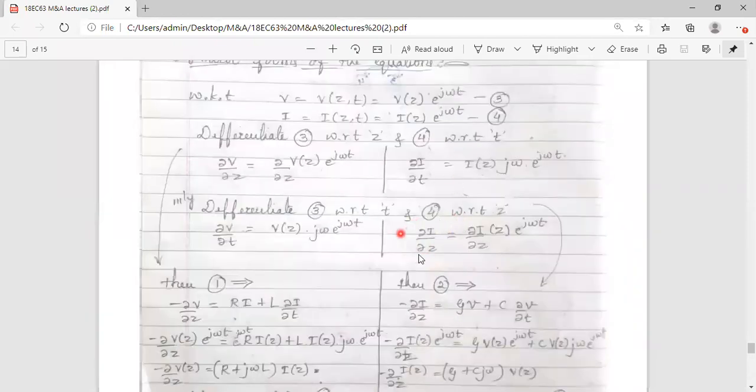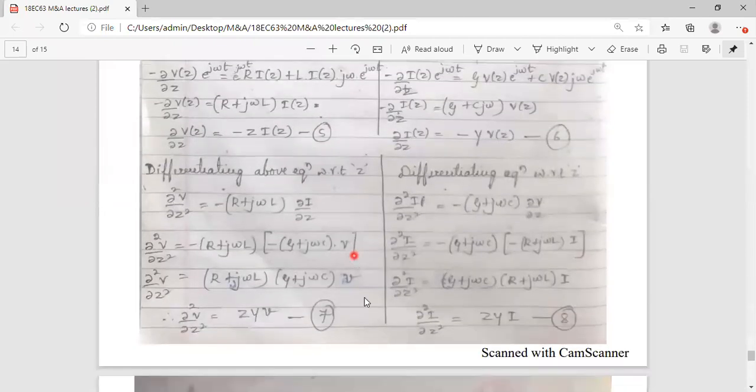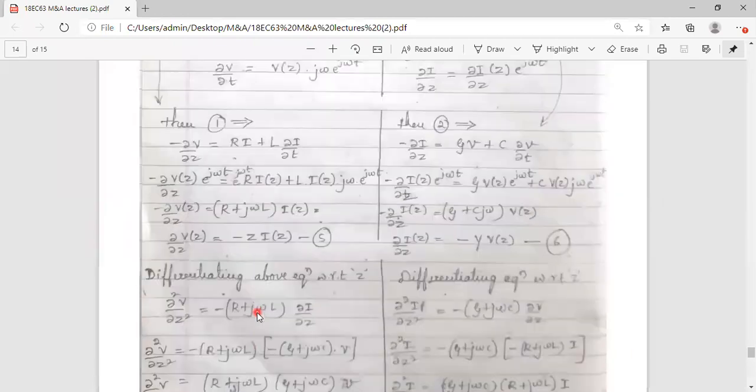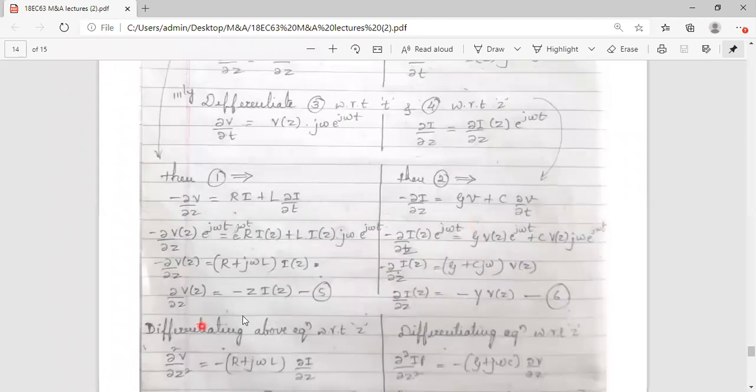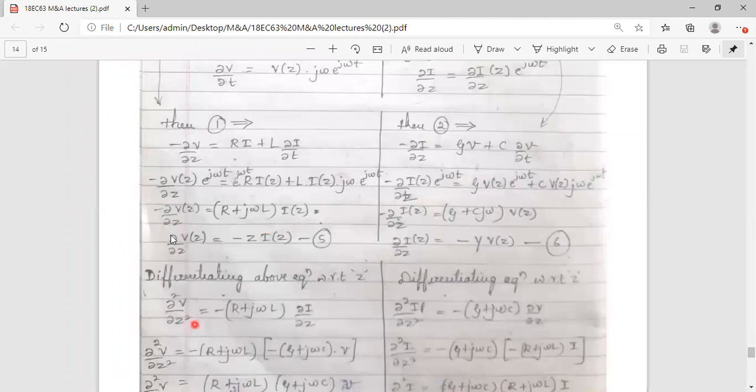We can substitute ∂I/∂z. We had differentiated earlier: it is ∂I/∂z into e^(jωt). Substitute that. But before going for that, let me go for equation 2. Till equation 5, double differentiation, let us stop.